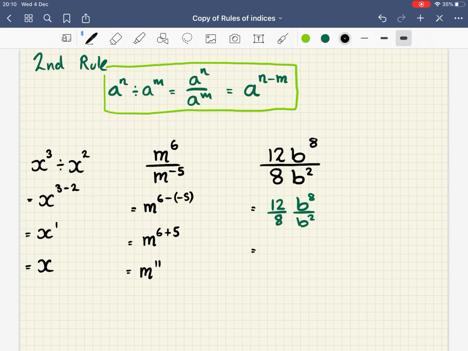Now I'm going to simplify that fraction. Well, I can divide both things by 4, so that's going to turn into 3 over 2. And then there's going to be b to the power of 8 take away 2. So that's going to be 3 over 2 b to the power of 6.